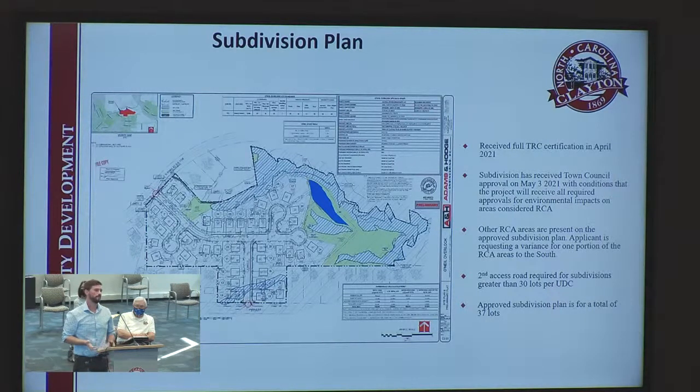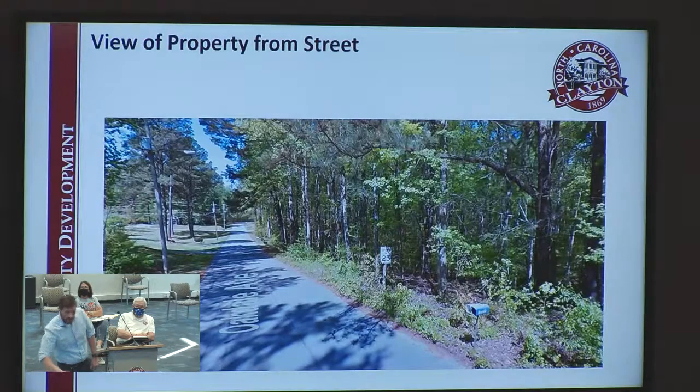Additionally, the UDC requires a second access point for any subdivision greater than 30 lots. So in order to achieve this approved subdivision plan, a second access is required, which goes through the RCA area. Here's the view of the property from the street.